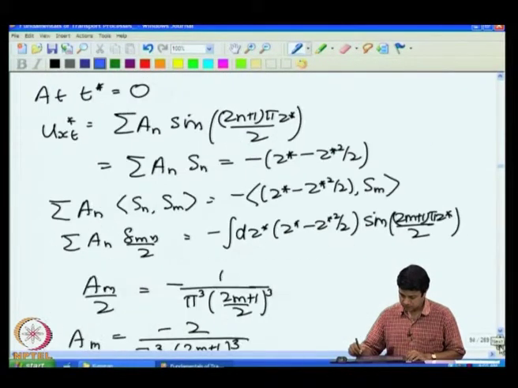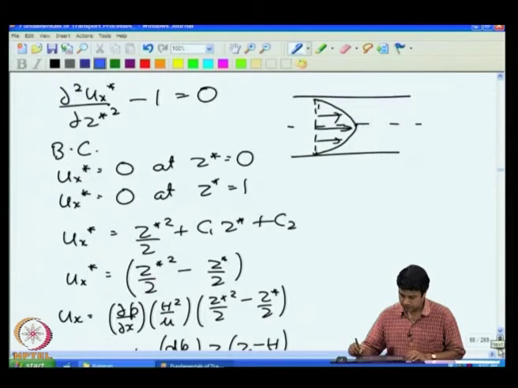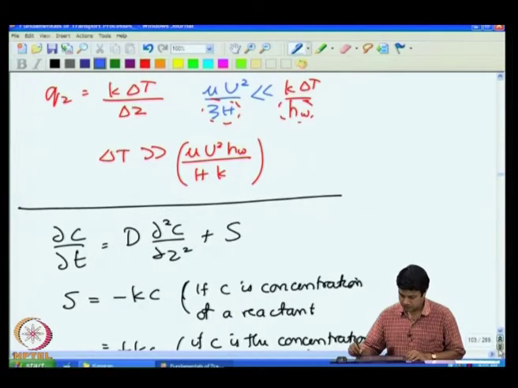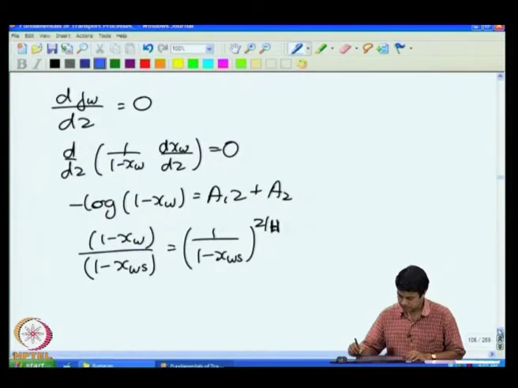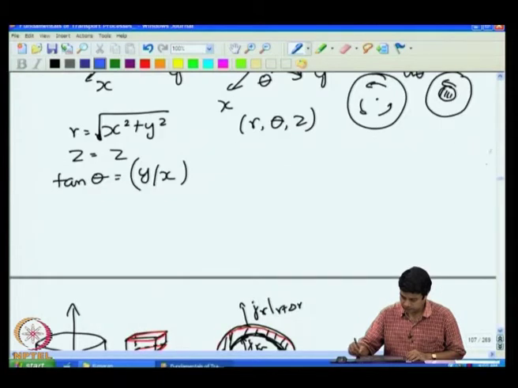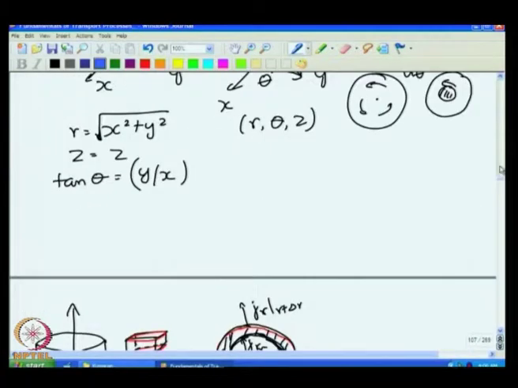If you recall, we had solved the problem where there was a liquid film flowing down a channel, and we had calculated the velocity profile and the temperature profile in a manner similar to the temperature profile for the flow past a flat surface.